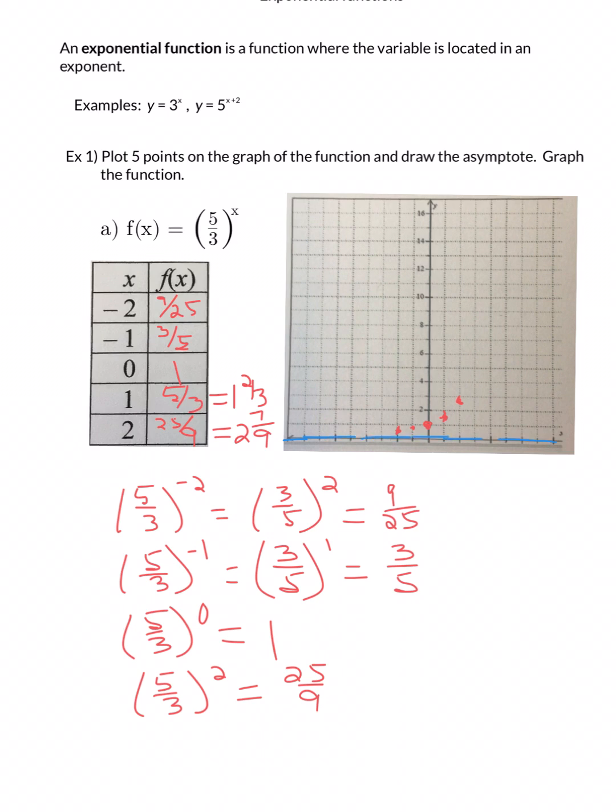This graph will get closer and closer to the x-axis, but will not cross the x-axis. The graph itself to the negative gets closer and closer to the asymptote. On the positive side, it's just going to get larger and larger forever.